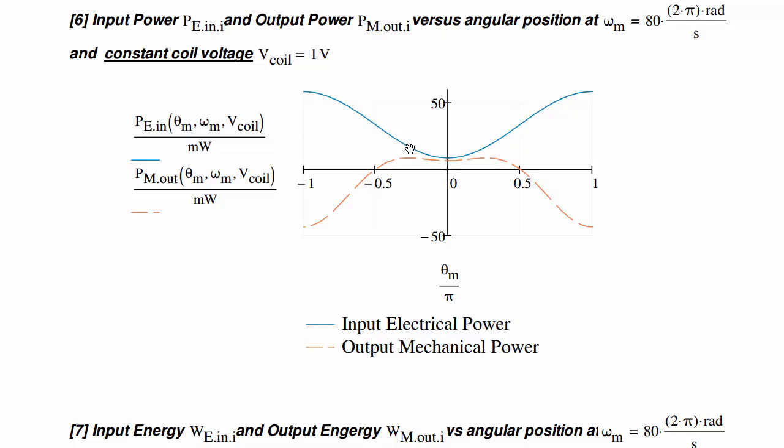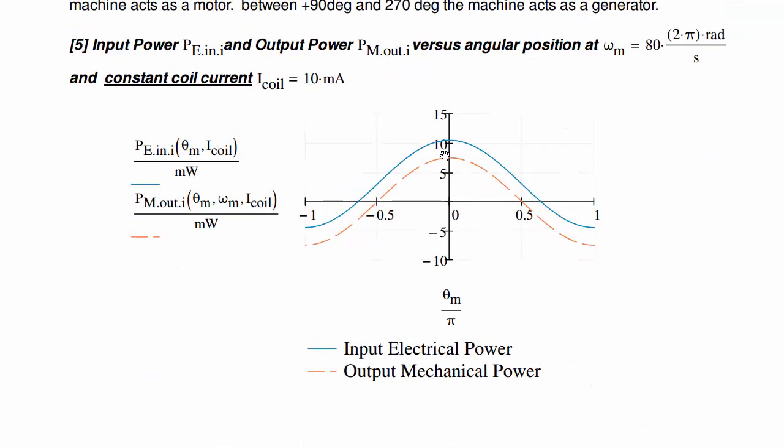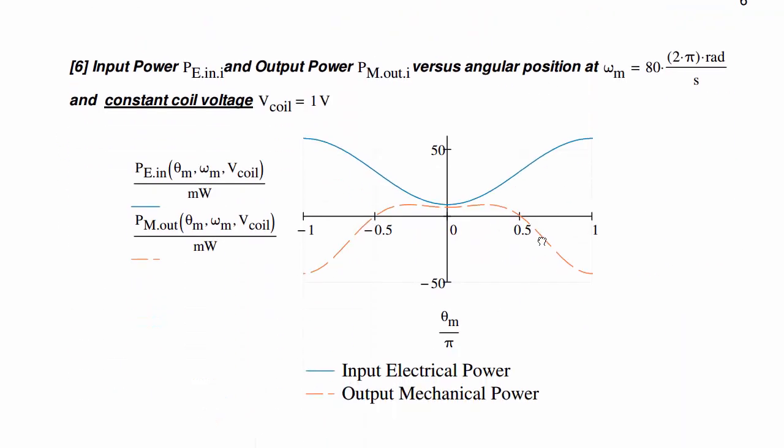Again, the input power will always be greater than the mechanical output power because some power is going to be lost. Notice first that the scale is different from before. We're up to 50 milliwatts, whereas previously we were topping out at about 11. So this down here, which is not labeled, is probably closer to 10 or 11 milliwatts.